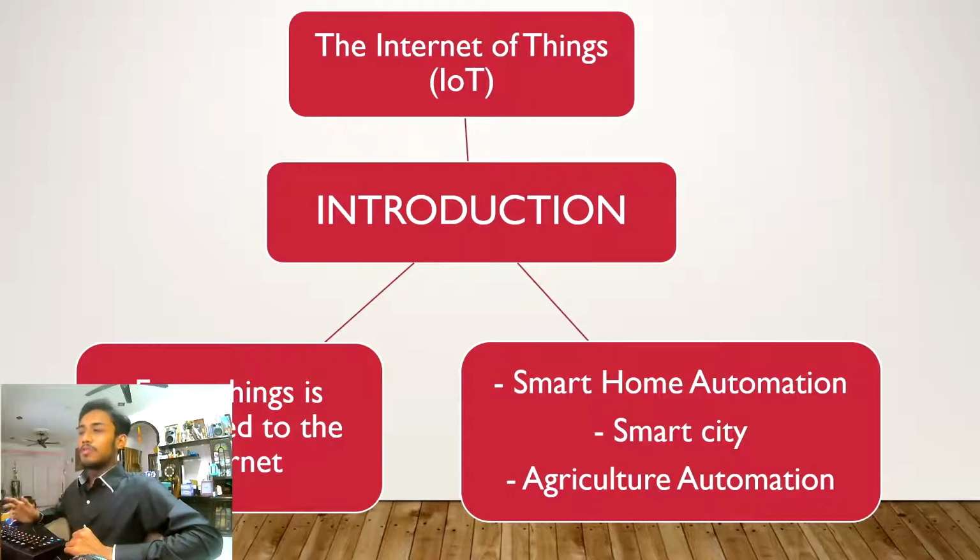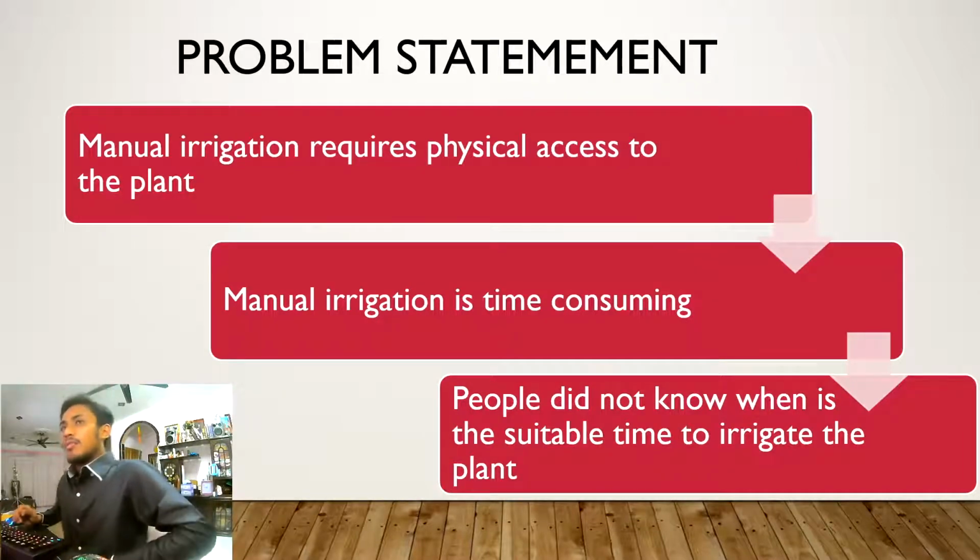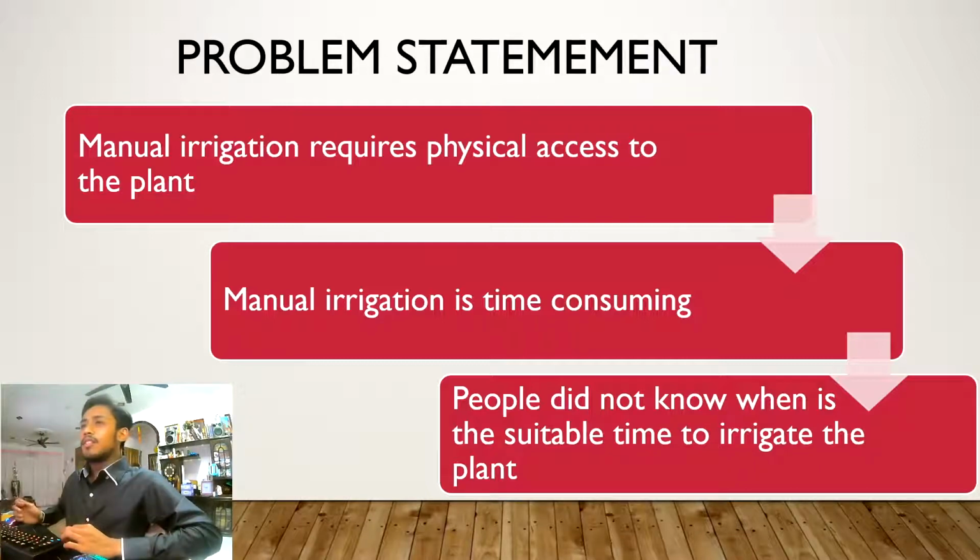Next, for the problem statement, although irrigation is an easy action, manual irrigation requires physical access to the plant, which means that if you want to water the plant, you need to have physical access. So if you are outstation or outside of the area of the plant, then you cannot irrigate it.